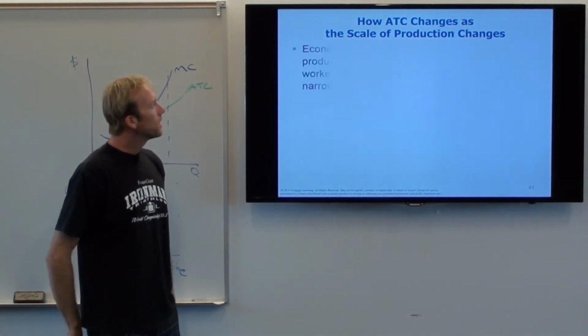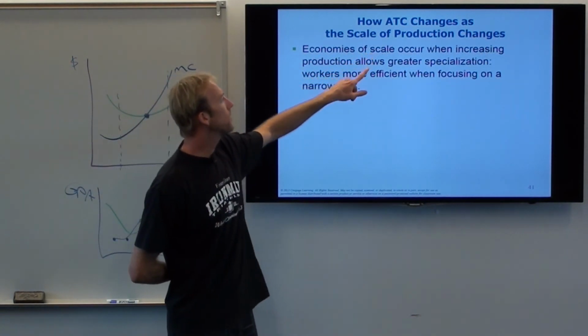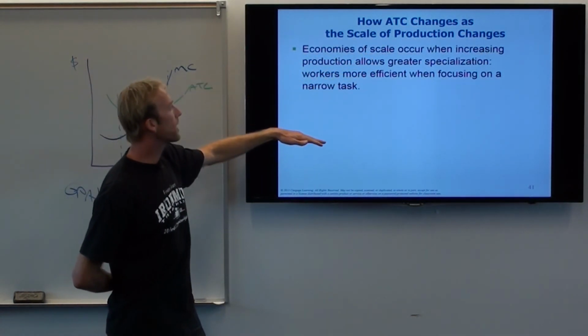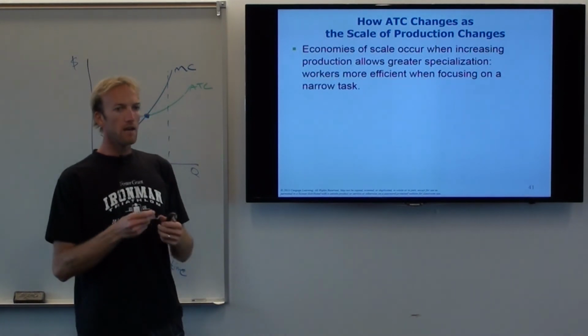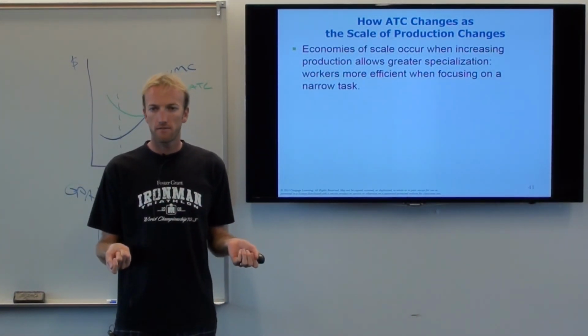Okay. All right. So why does this happen? Economies of scale. Why does the dropping part happen? Well, because if you start making more and more, your workers start specializing, right?